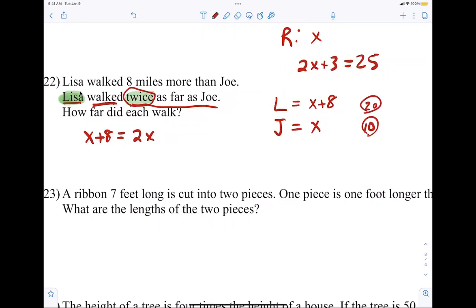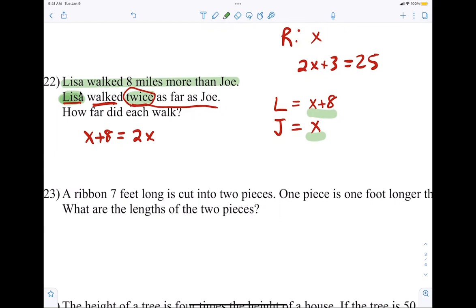But then how is it? I'm confused on that. But there's 2 parts to this equation. The first part is the first translation. This is how much they walked. Agreed? X and X plus 8, correct? Now, Lisa, what does Lisa represent?